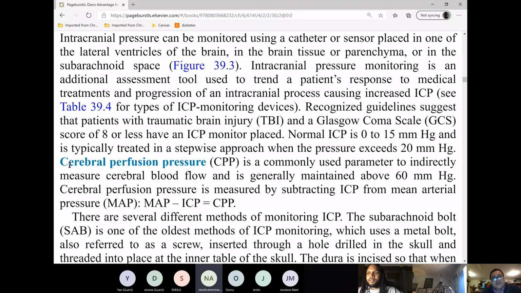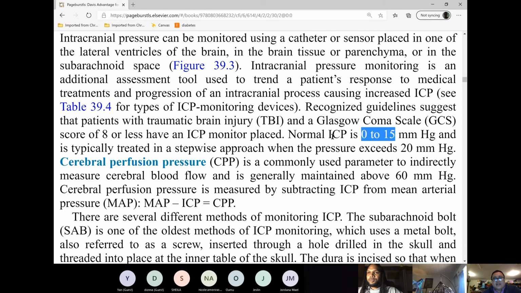All right. So here's CPP. I said the formula is MAP minus ICP. And I said that if the pressure is below 60, then that means brain cells will start to die. And this is your normal ICP, 0 to 15.